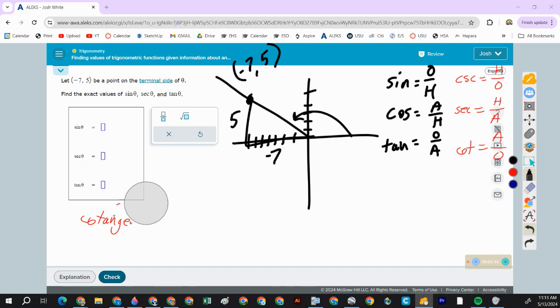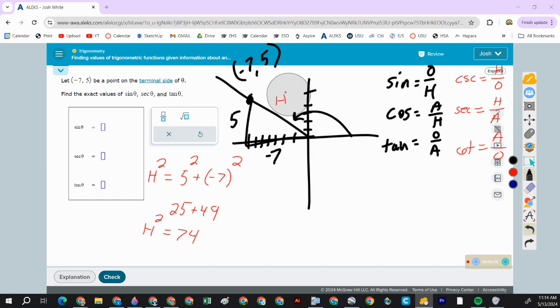So, what is the sine of this angle? Well, I need to figure out what h is. So, h squared is going to be equal to 5 squared plus negative 7 squared, right? Okay. So 25 plus 49. So that's 74. So h squared equals 74. So h is the square root of 74.